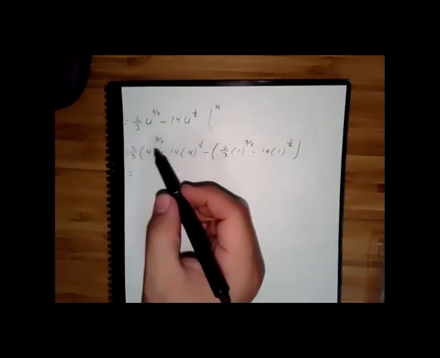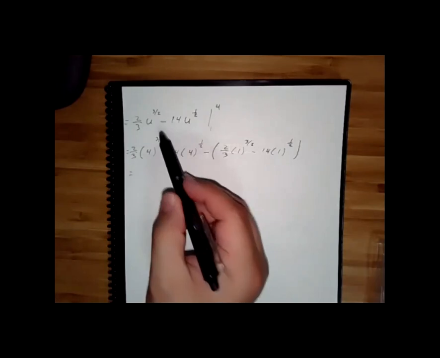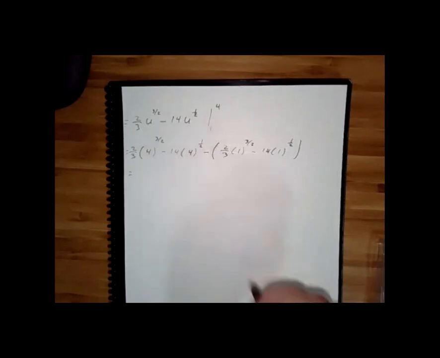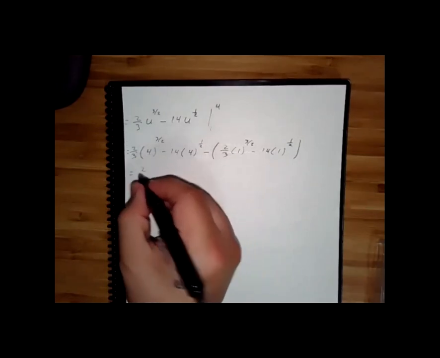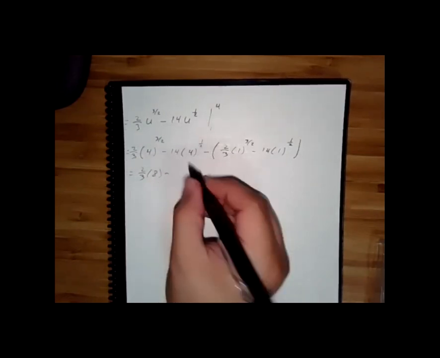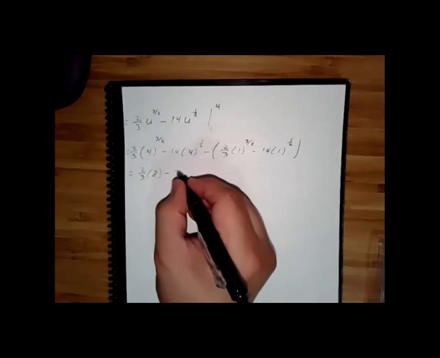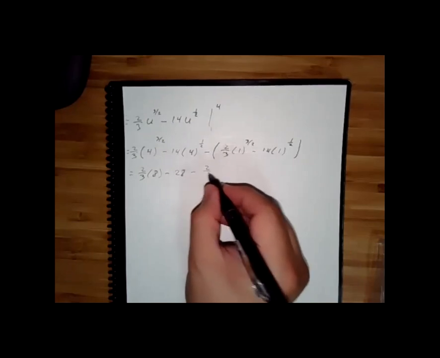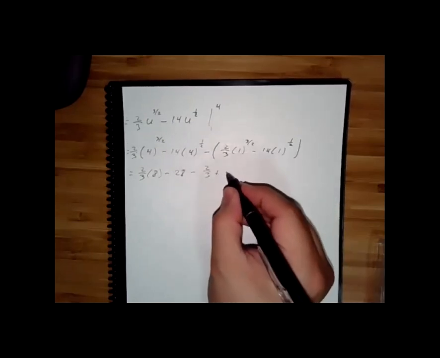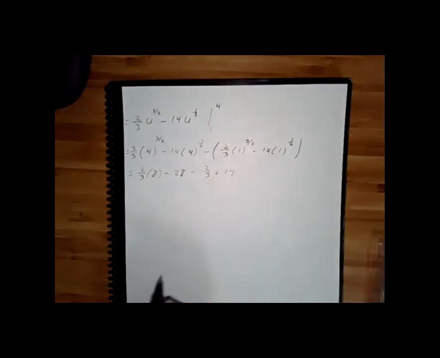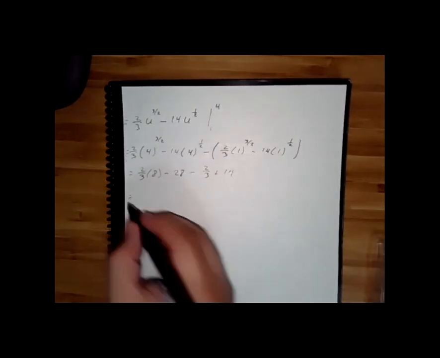Okay, so the 4 to the 3/2 is going to be what? 8. 2/3 times 8. That would be minus 14 times 2, right? Minus 2/3 plus 14. Okay.